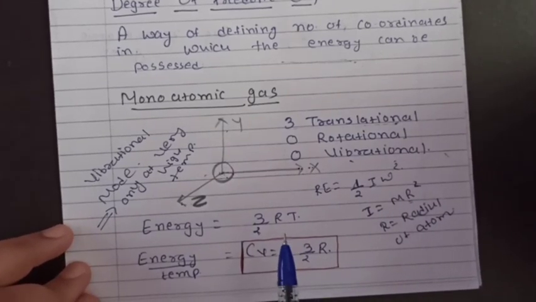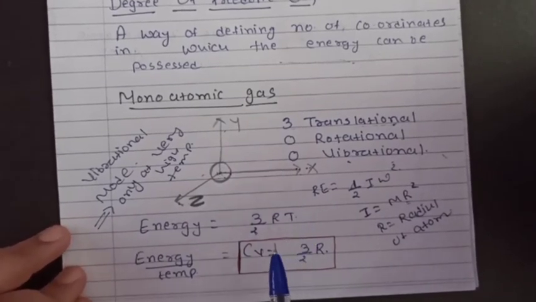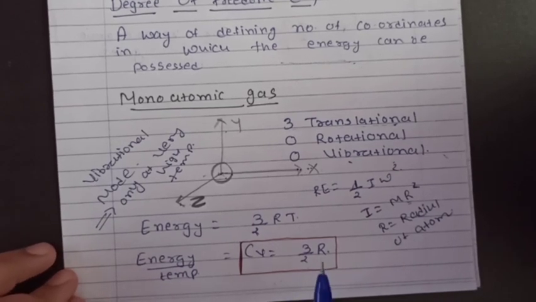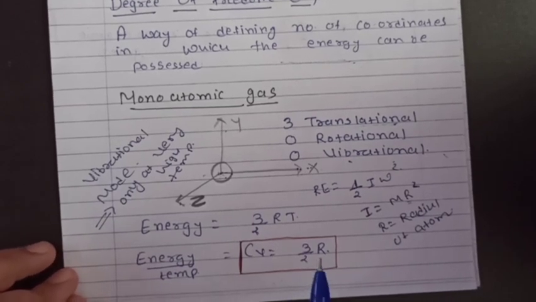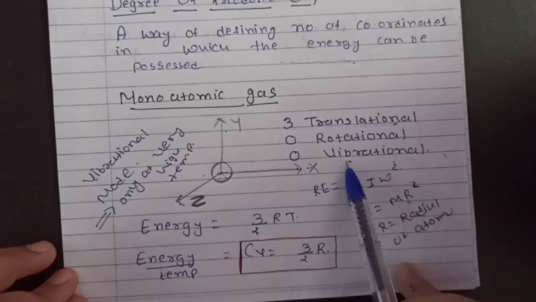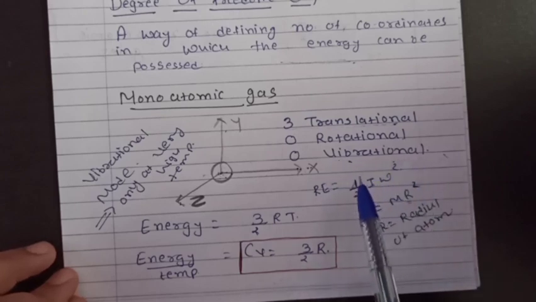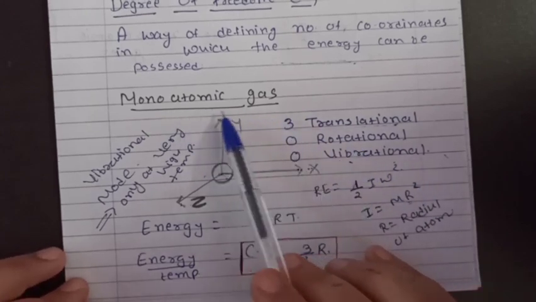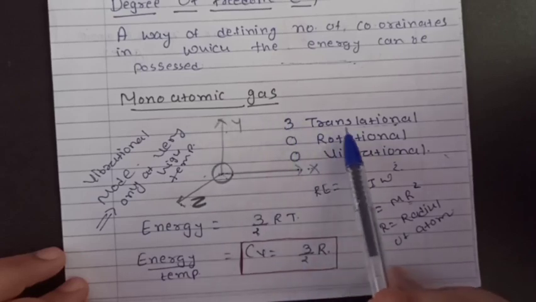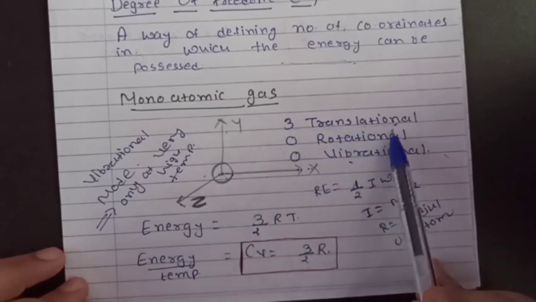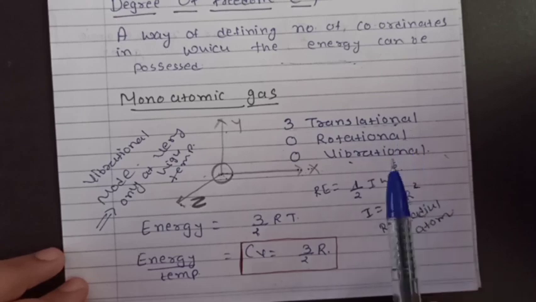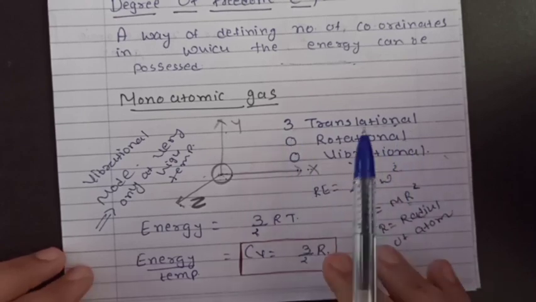We will not consider vibrational mode in our calculation until and unless it is mentioned in the question to consider so. We will have a thorough discussion on vibrational mode also. Now, for monoatomic gas, we have concluded that there are 3 translational degrees of freedom. Total degrees of freedom are 3.